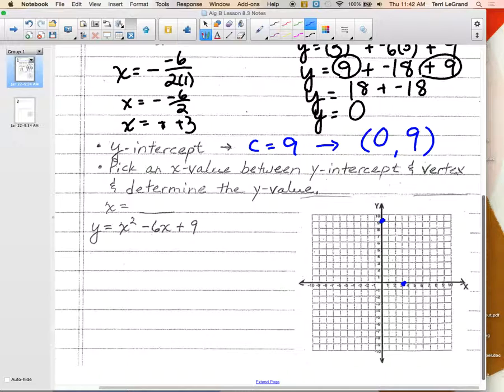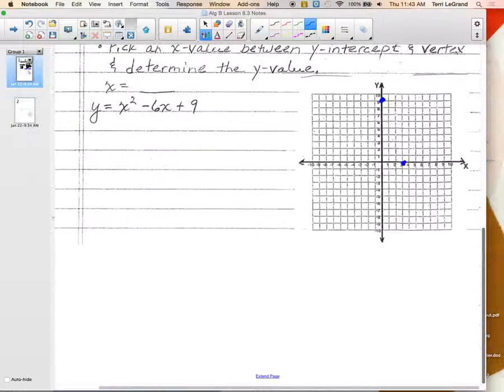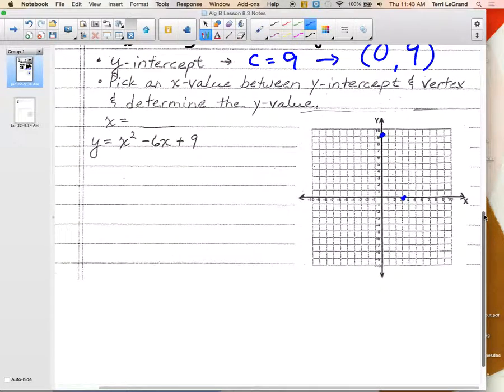Okay? I'm going to give you a ruler, not because a parabola is drawn with a ruler, but because we're going to draw an axis of symmetry in our graph to help us use symmetry to get some more points. So 2 points are on your graph right now. We know the axis of symmetry always passes through the vertex.